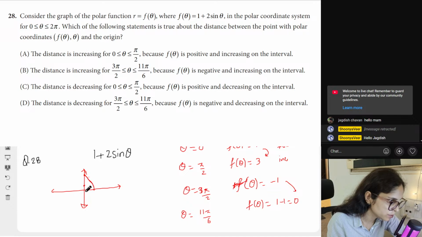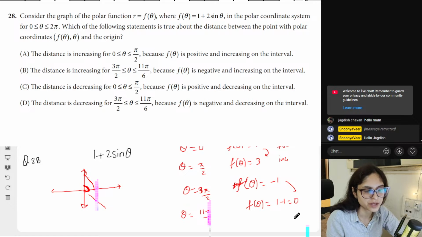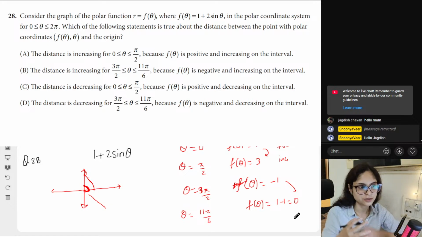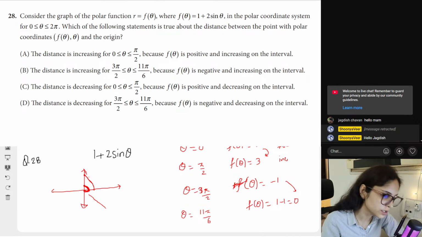And at 11 pi over 6 it is 0. So distance is decreasing, as you can see. Distance is not increasing, because when it is negative, your distance was 1, now distance is becoming 0, so that is also not the correct option.